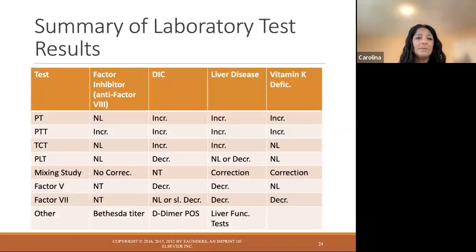So I have a summary here of the different conditions that we talked about. I did put the factor inhibitor here, but not acquired von Willebrand's disease.